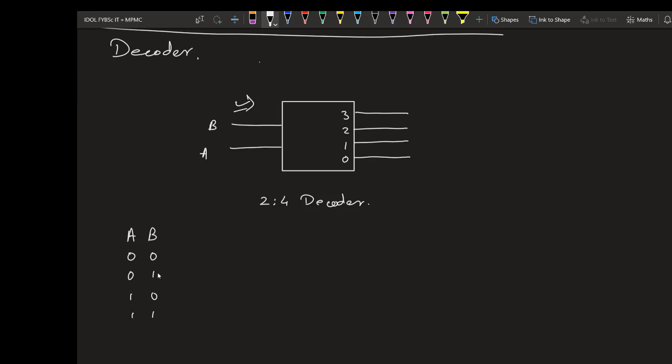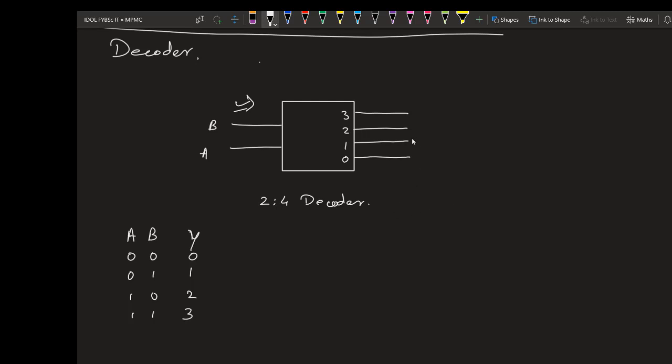Okay, so that will activate my output. Let's say the output is the Y line: 0, 1, 2, 3. What does that mean? Let's assume my output 2 is activated.